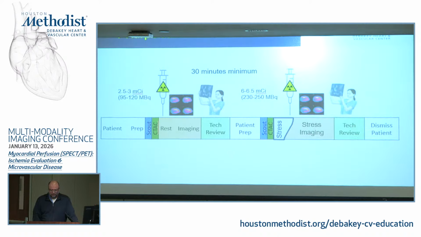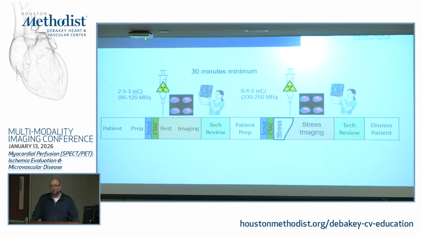With pharmacologic stress, the protocol is a little bit longer. This is a protocol that's approved by the FDA, and it calls for a 30-minute delay between the rest and stress injection. This is what's on the package insert, for the fellows. If you look at the package insert when it comes, this is how it looks.